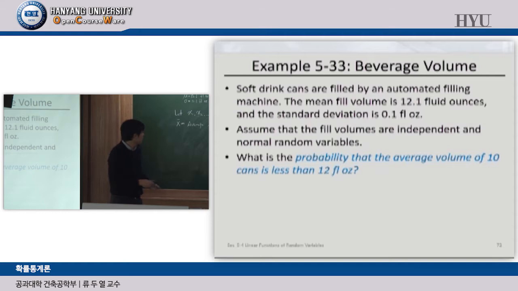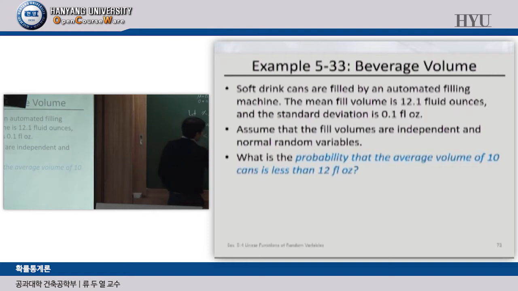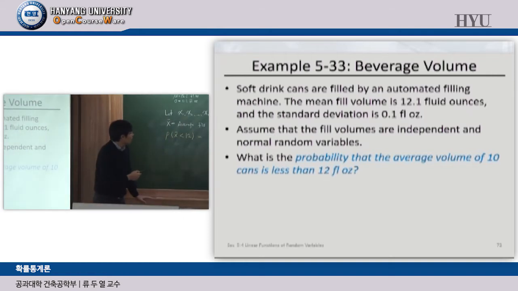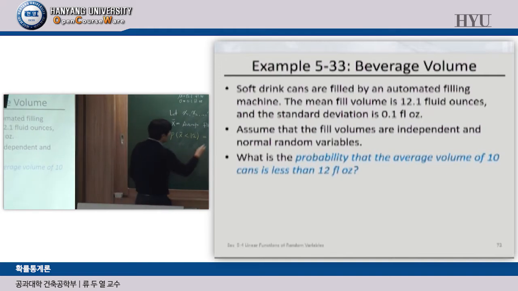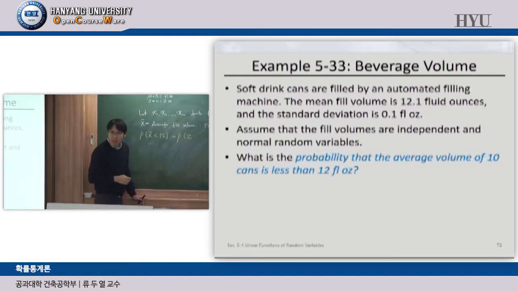So for this case, the question was the probability that x bar, the average volume of 10 cans, should be smaller than 12 fluid ounce. That is the question. Since the average fill volume follows the normal distribution, we can change x bar to the standard normal random variable z, to use the appendix table.